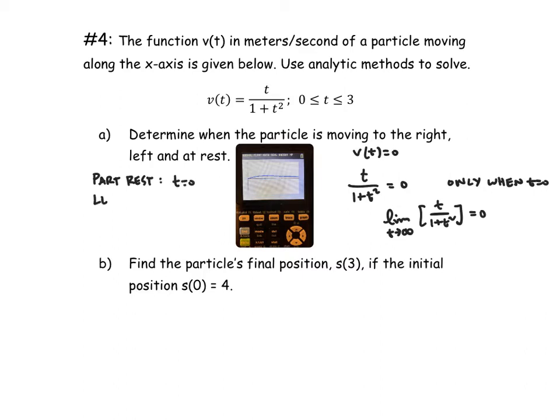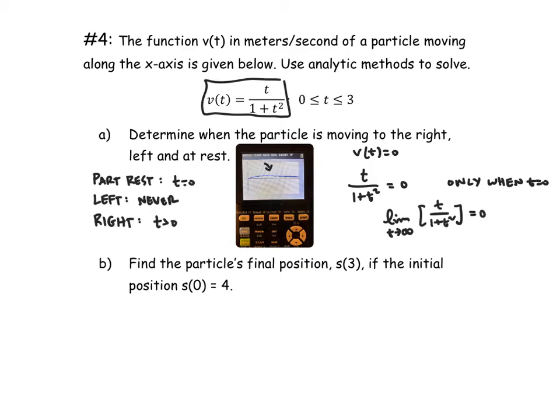Particle is moving to the left, like never, right? Because v of t, apparently, according to the graph, is always going to be positive. Plus, I could see that analytically. If I were to plug in positive numbers, I'd just get positive outputs. It's moving to the right when t is greater than 0.